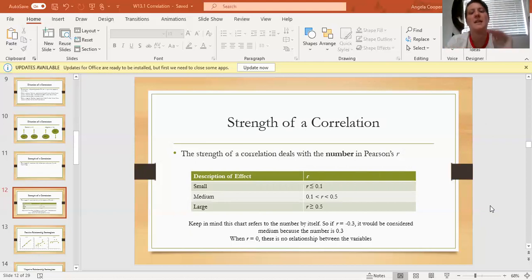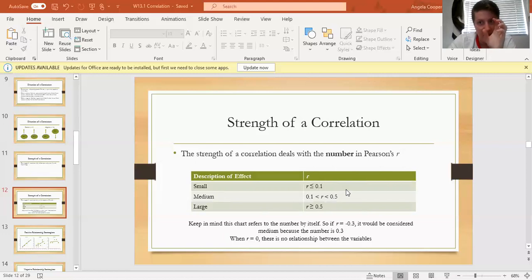Just to reiterate, keep in mind that these are for the numbers themselves. If you have a Pearson's r value of negative 0.9, that is a strong or large effect size. Even though on this chart it's saying it's less than 0.1, it's negative 0.9, so that would be small. That's not true.